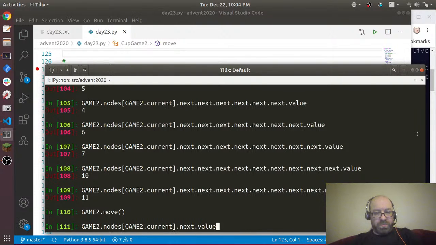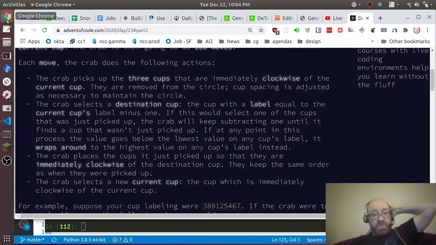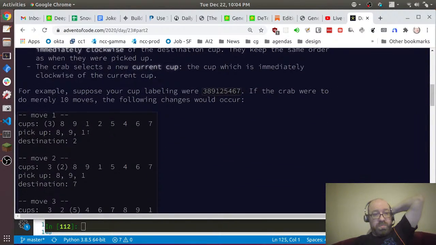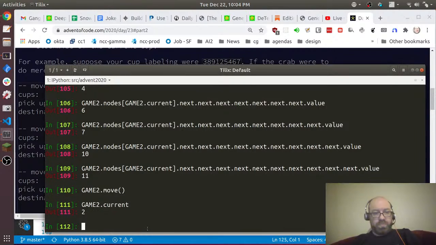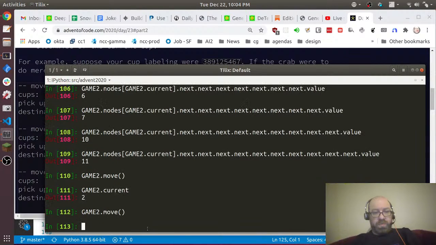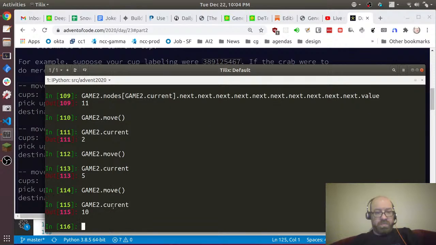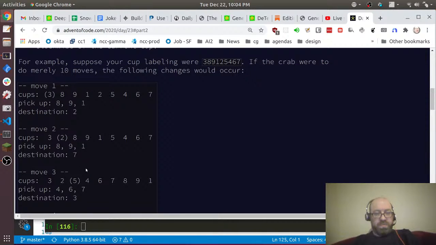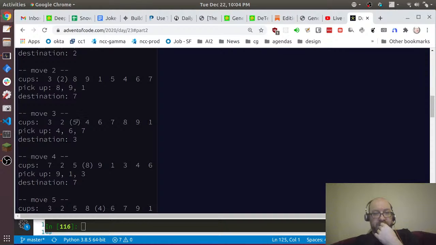So now game2.move. And after I move, it should be 2. Game2.move, 5. And then after the 5, it says I go to 10. And so why do I do that?